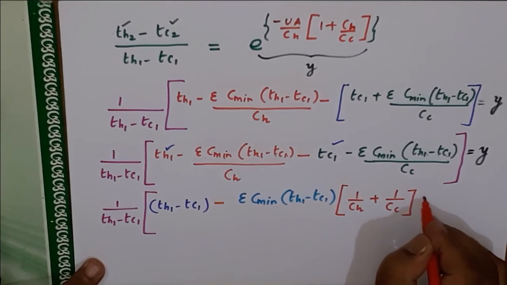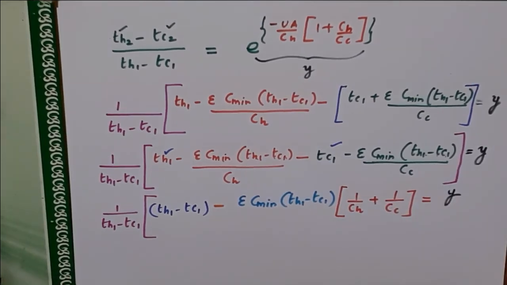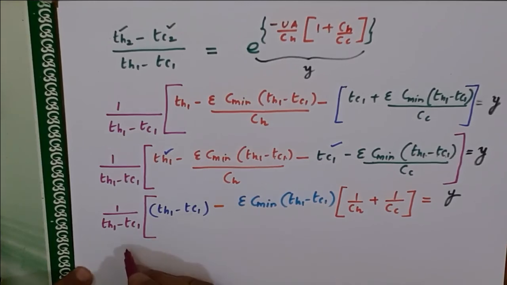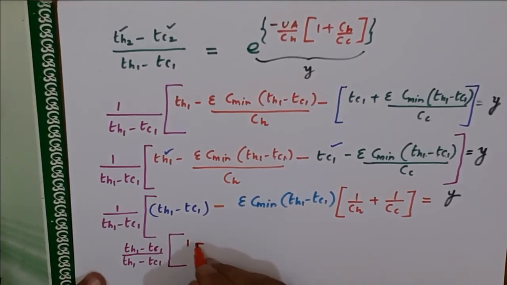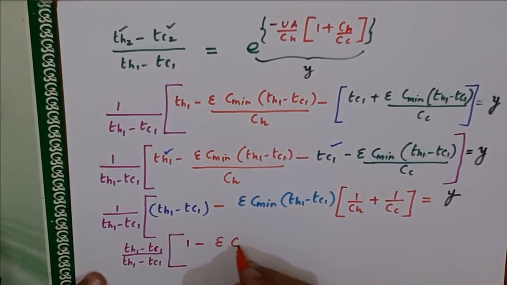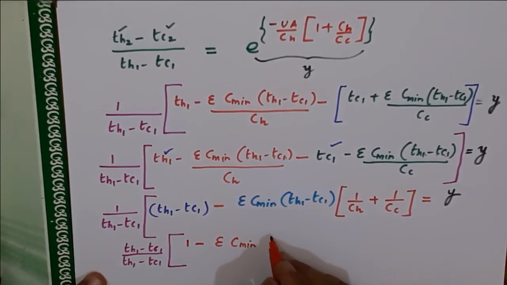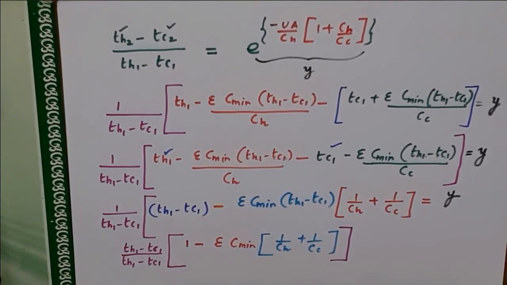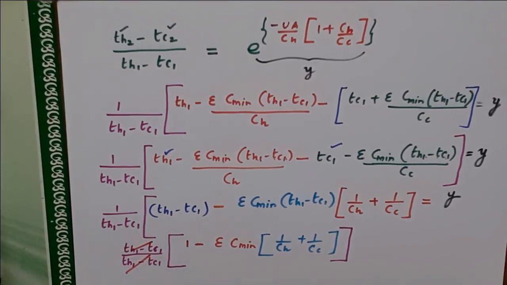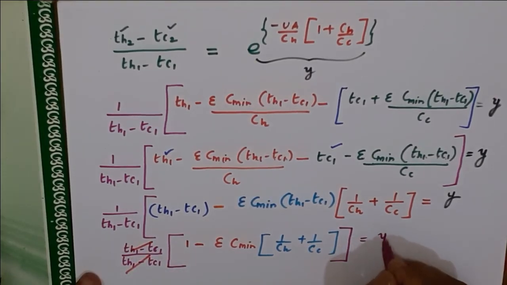This is nothing but equal to Y. So here you can take TH1 minus TC1 common, whole divided by TH1 minus TC1, into 1 minus effectiveness C minimum into 1 by CH plus 1 by CC. Cancel this and this, it is equal to Y.